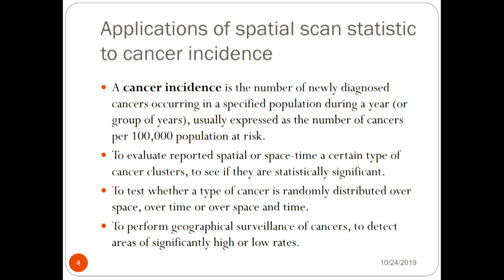We would like to report and evaluate the spatial clustering for a certain type of cancer. For this talk, it will be breast cancer on the distribution of Massachusetts. For this study, we aggregate the data on the counties and then by the census tracts.